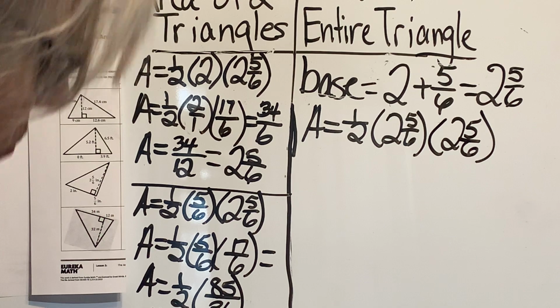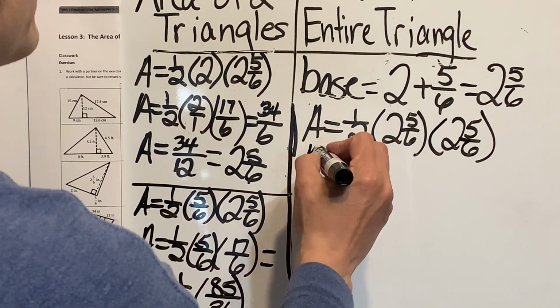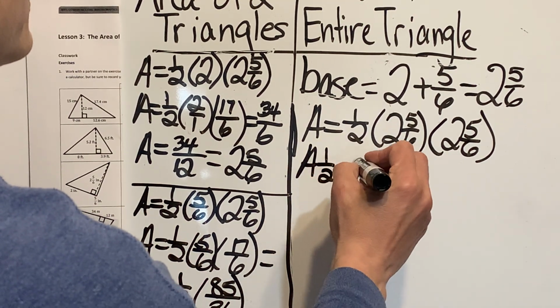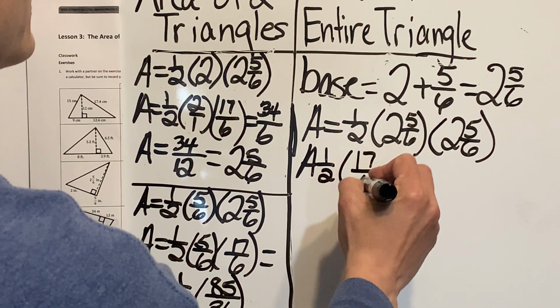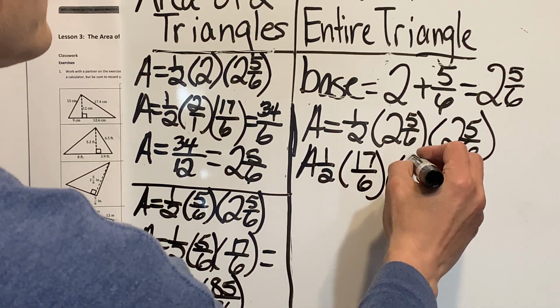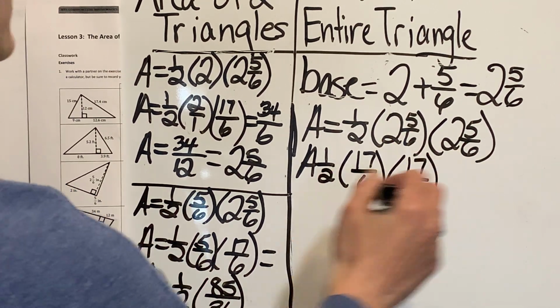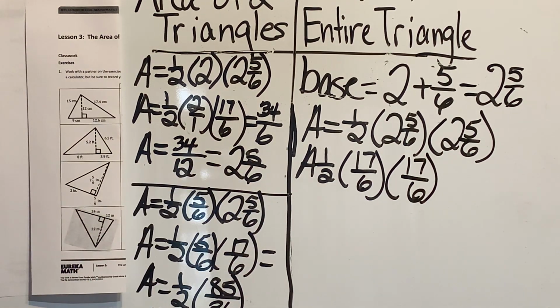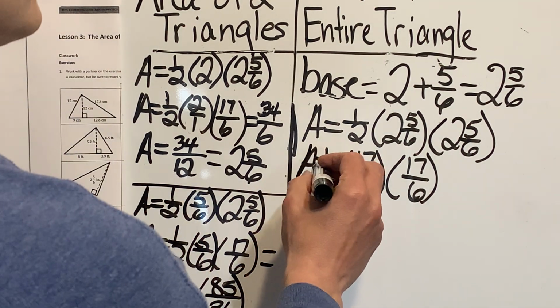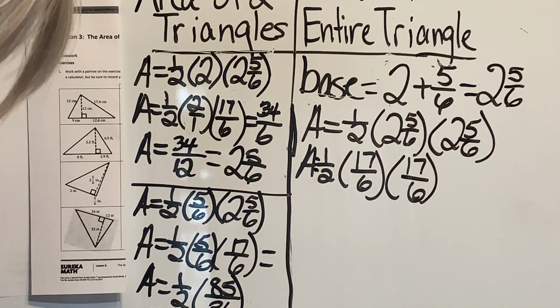So when we multiply this, before we multiply, we need to transfer this into the improper fraction, and we've already done that over here. So now we've got half of 17/6 times 17/6.